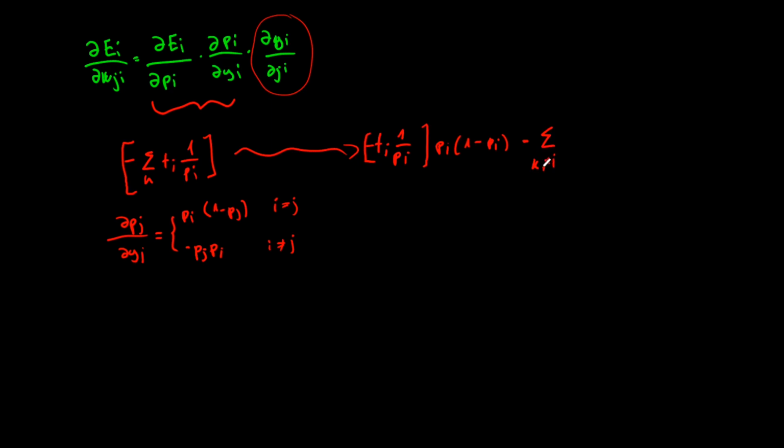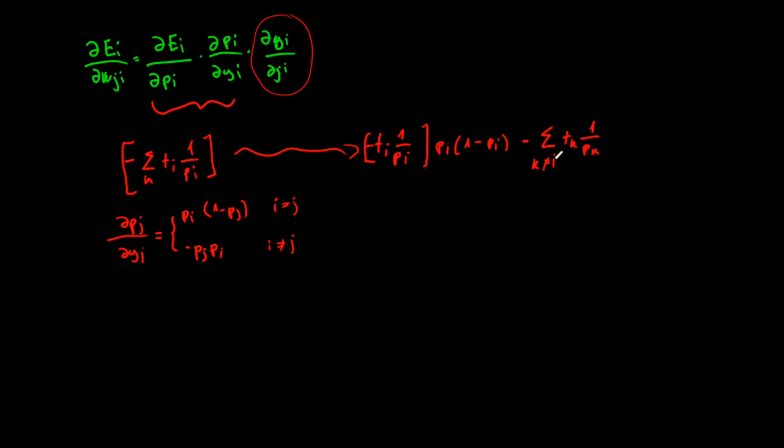Because when k is equal to i, it's written here. This is a summation over all k, so we took the case when k equals i and extracted it outside, and we are doing the summation over all the other elements. This will become t_k times 1 over p_k.